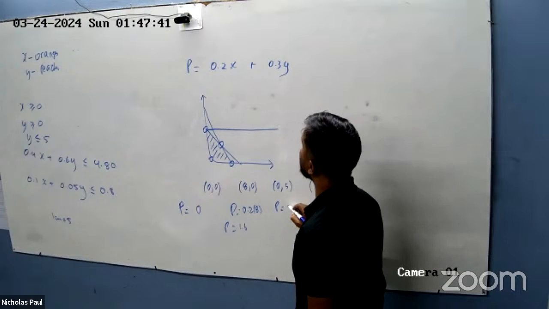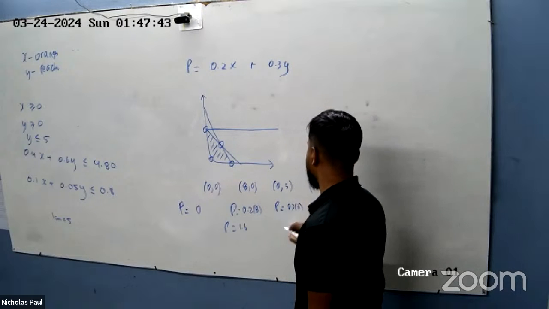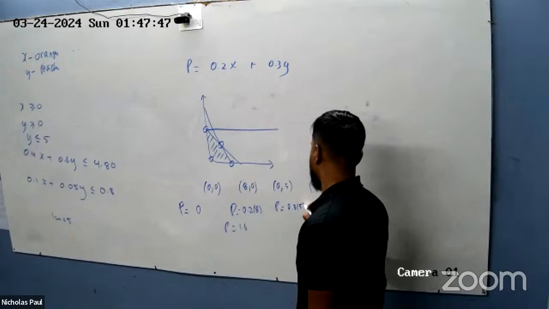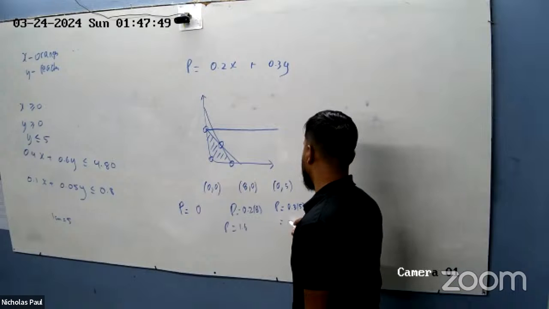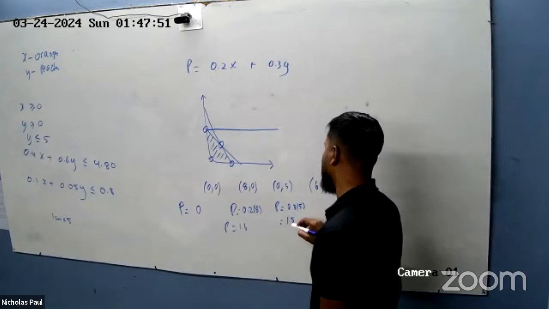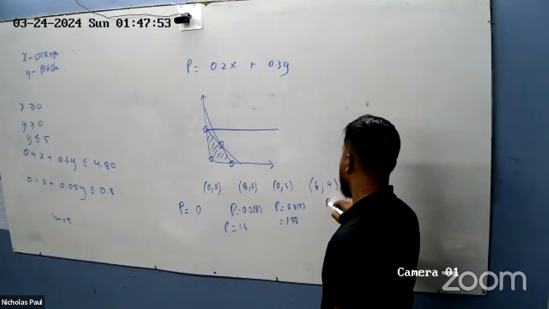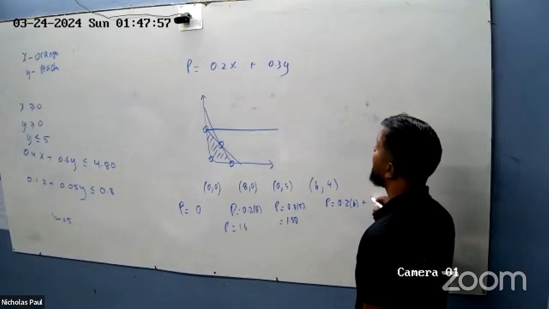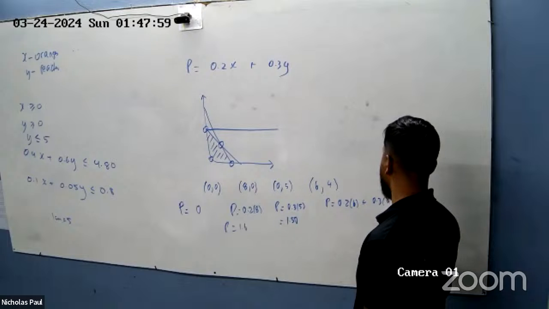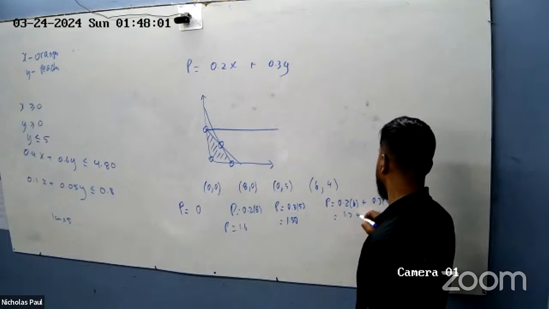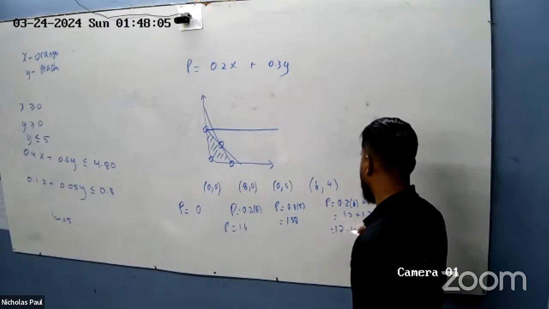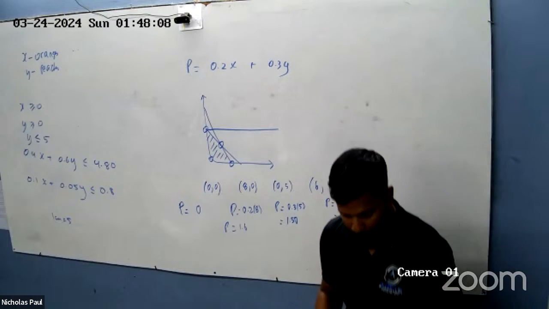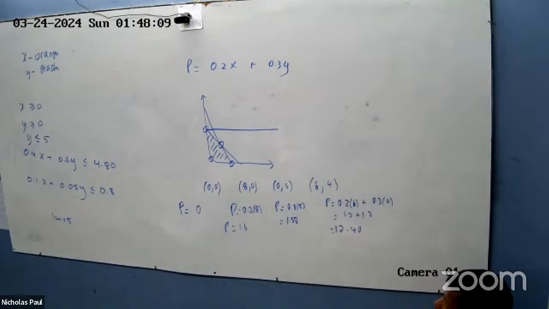Here will be 0.3 by 5, right? So that will be 1.5, $1.50. And here you will have 0.2 by 6 plus 0.3 by 4. So this is 1.2 plus 1.2, 2.4. So $2.40, right?